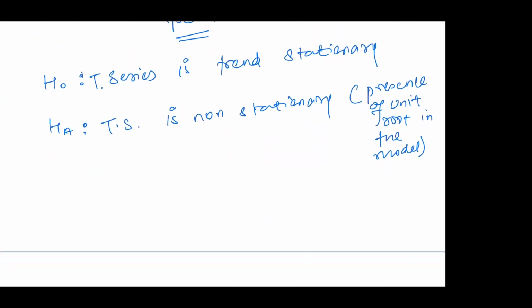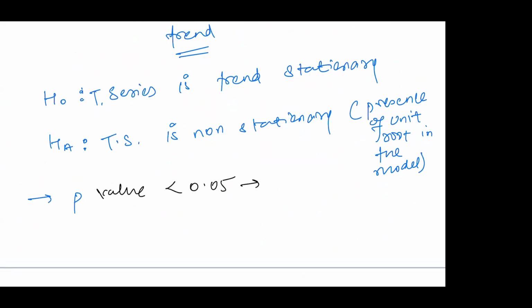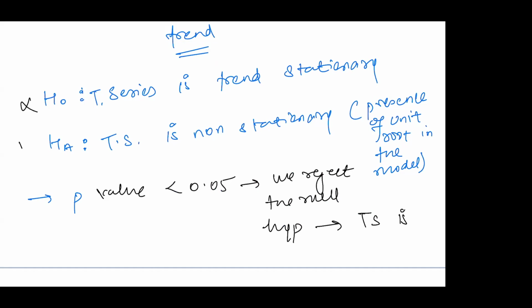And why I'm saying this is, in this specific case, if the p-value is less than 0.05, we reject the null hypothesis, and since we are rejecting this, we are accepting that the time series is non-stationary.